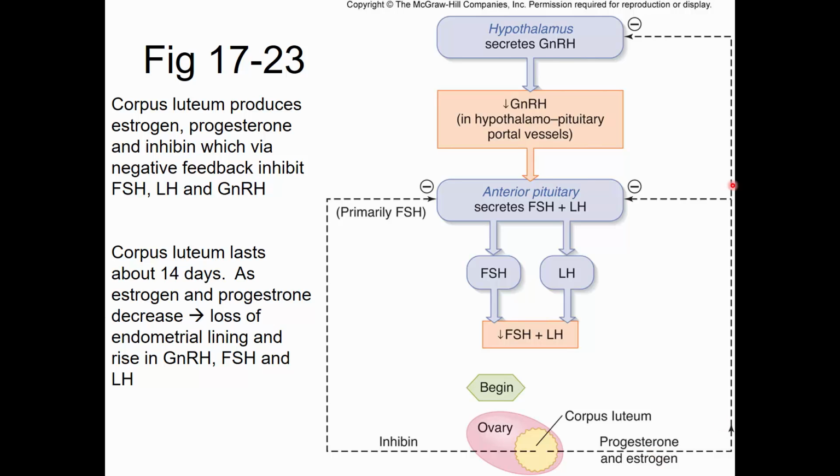Progesterone and estrogen are working on LH. So we're going to secrete that progesterone. We're going to differentiate that lining. We're going to see if we get a fertilization and an implantation. If not, then the corpus luteum dies and the lining is shed.